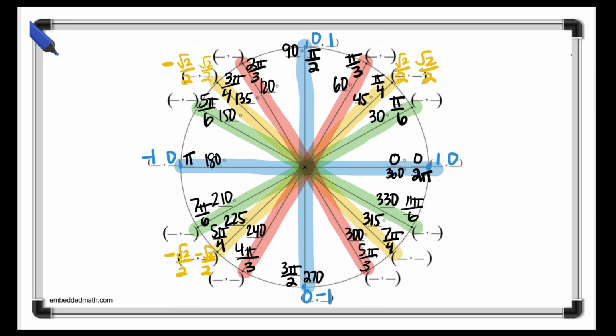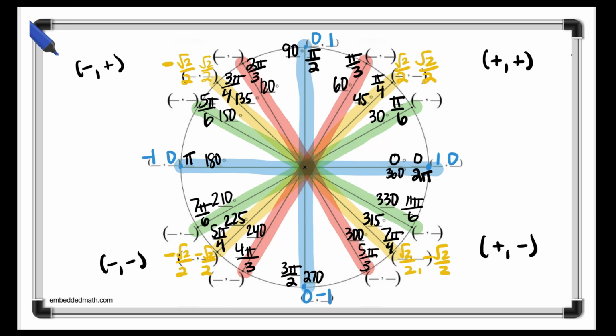And in quadrant 4, only my y is going to be negative. And you're really thinking about a coordinate graph, right? What's positive in quadrant 1? What's positive in quadrant 2? What's negative in quadrant 3? And then what's positive and negative in quadrant 4?